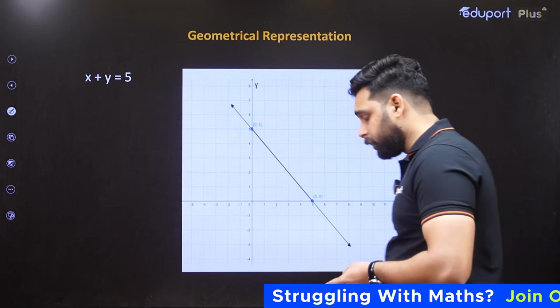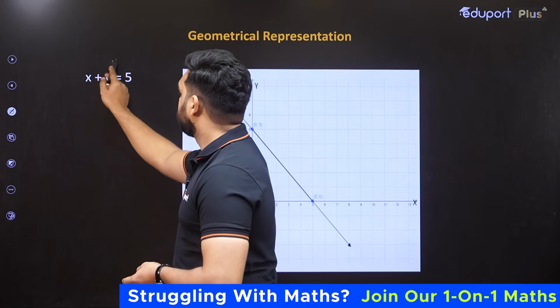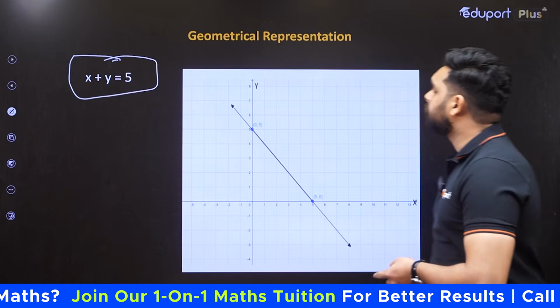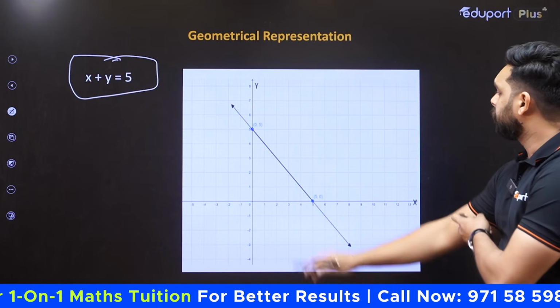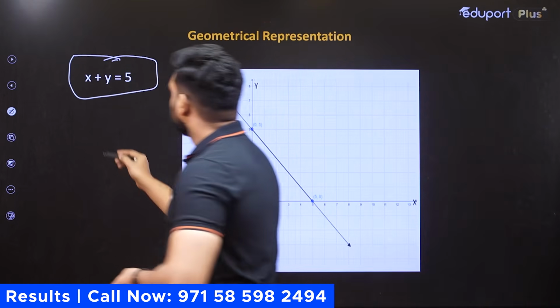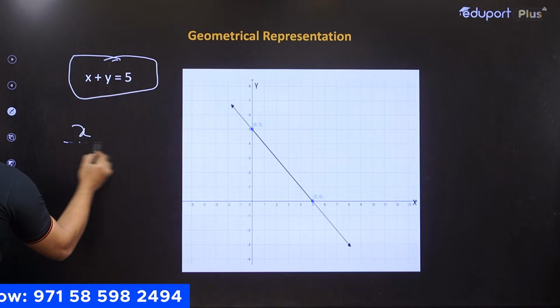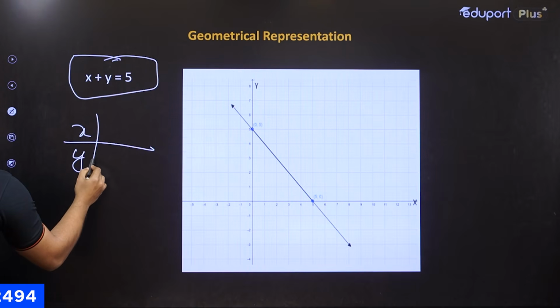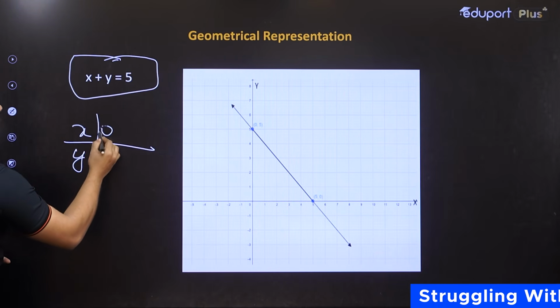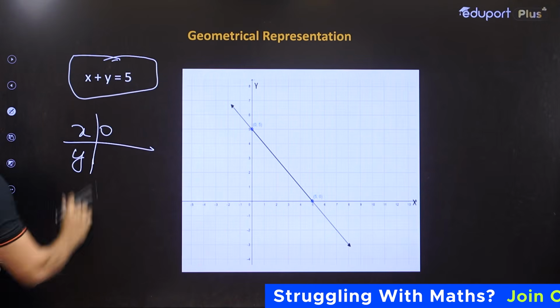So now let's move to the geometrical representation. How will you represent this linear equation in a graph? Just substitute the values. In this equation, if you put x is equal to 0, then what will be the value of y?